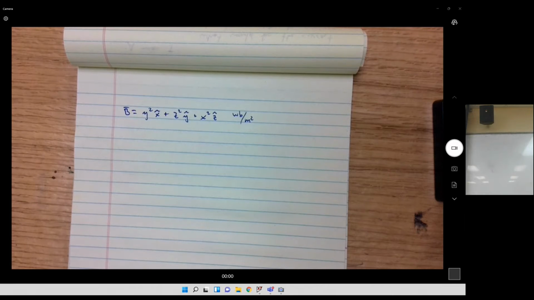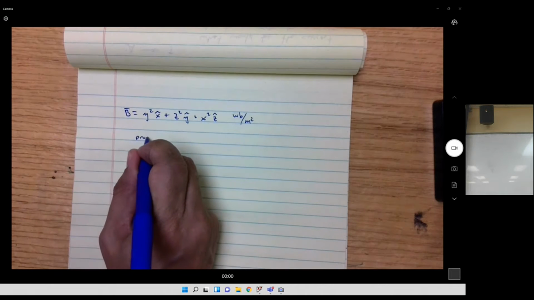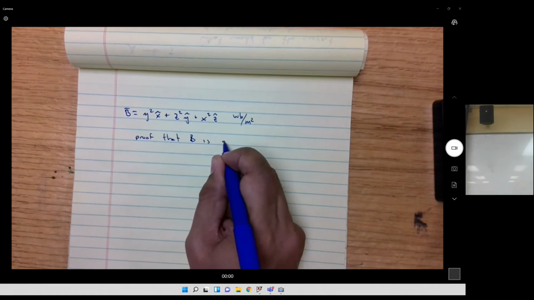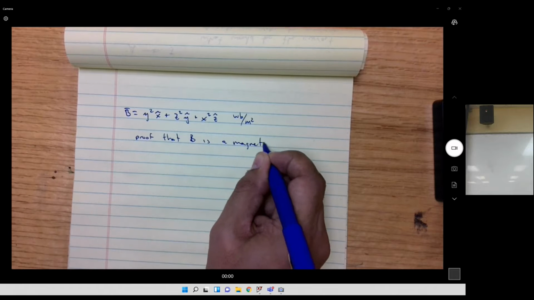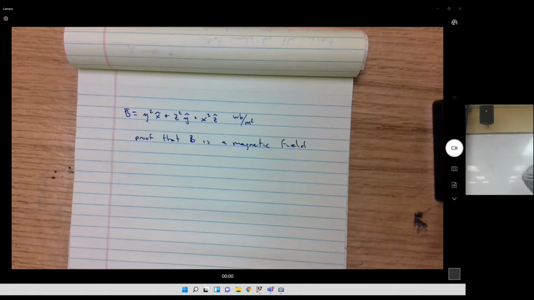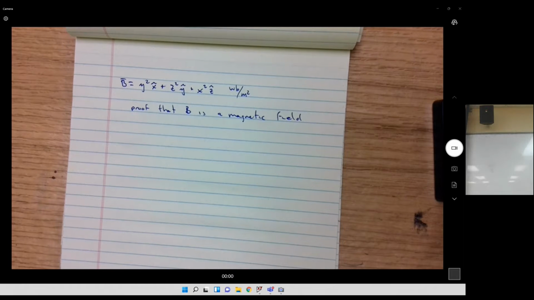Cartesian at least. Okay, now prove that B is a magnetic field. Proving it would be a magnetic field, we should be finding that the divergence is equal to zero.